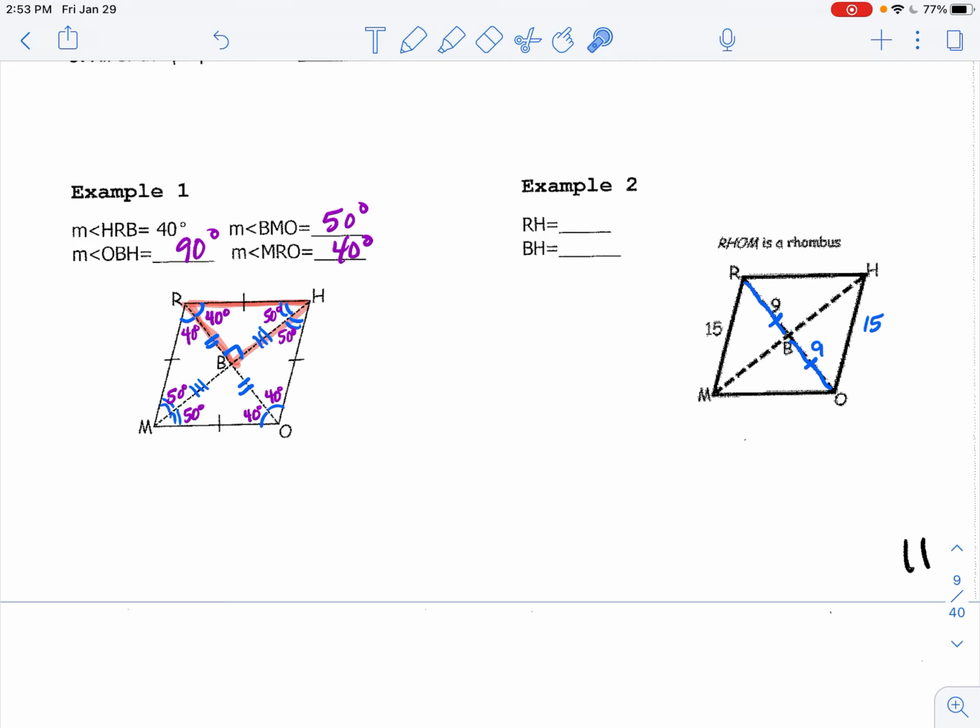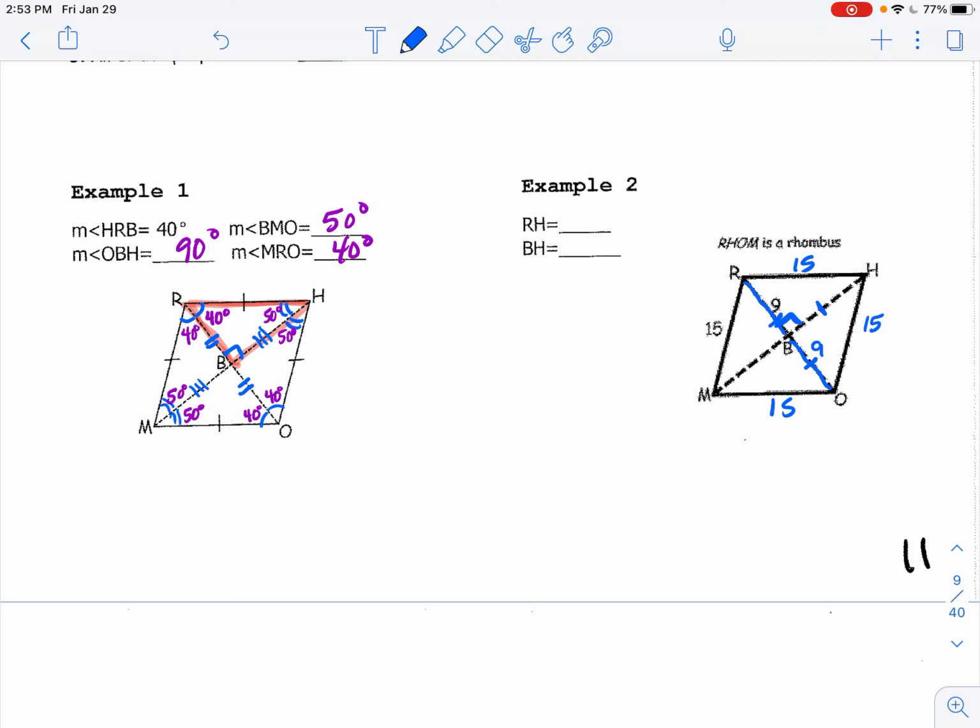Well, let's see. We know that the diagonals are perpendicular. So I know that I've got right angles. And if I have a right angle, well, and a rhombus has all sides congruent.